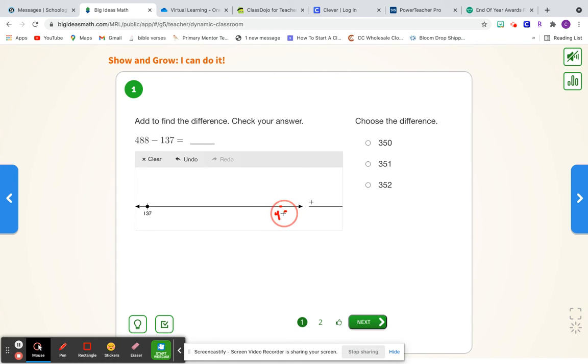That is our biggest number. This is the number we're trying to get to. We're starting at 137 to get to 488. So let's jump up 100, 200. So let's add 100. Then add another 100.